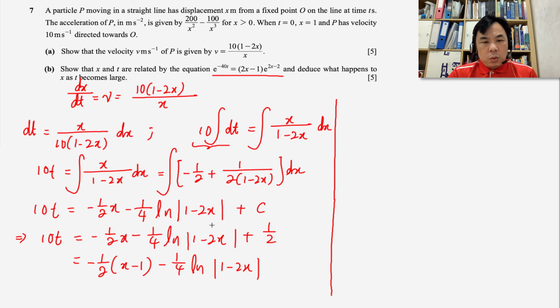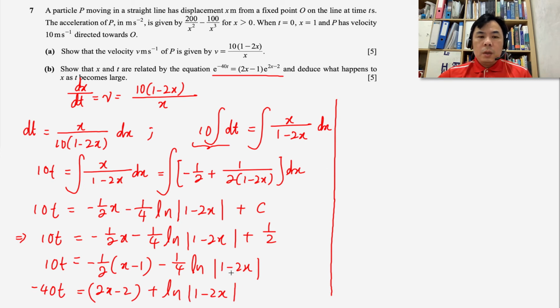So just to have a quick check, yes, we do agree on this. And then in order to achieve the negative 40t, I will have to multiply both sides by negative 4. If I multiply negative 4, I will have negative 40t, and then this part will be 2. It will become 2x minus 2 then. And then this part will be ln 1 minus 2x.